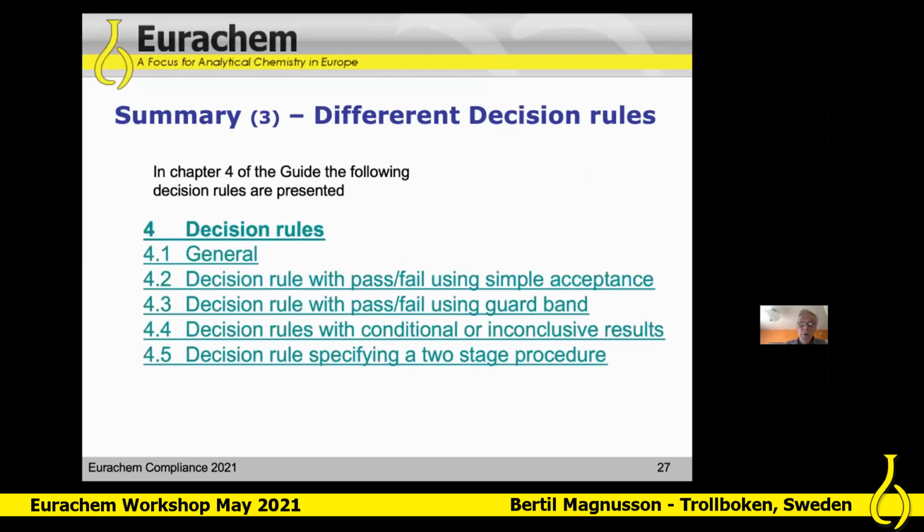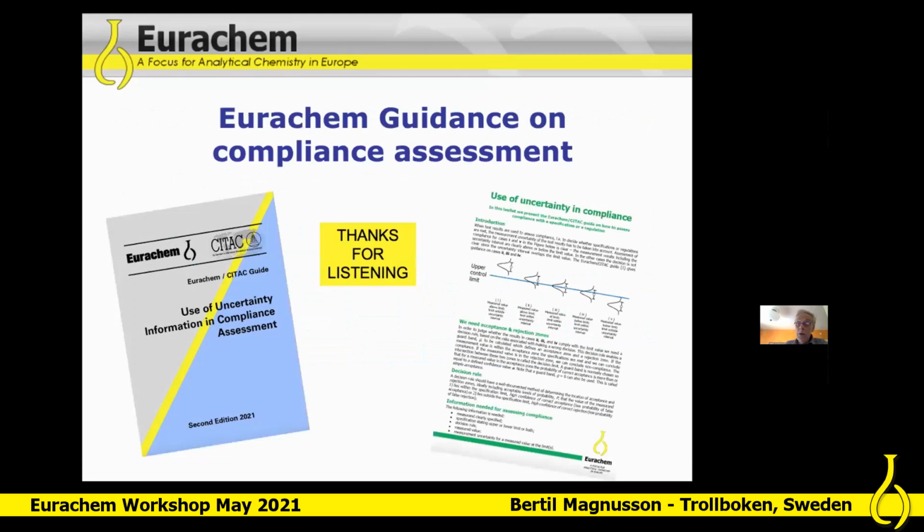So we have the different decision rules, and we have this with pass-fail, we have this with guard bands, we have this with conditional, and we have the two-stage procedure. And in order to do anything, we need these decision rules, but we also have some guidance with the introduction of the leaflet and the guide.